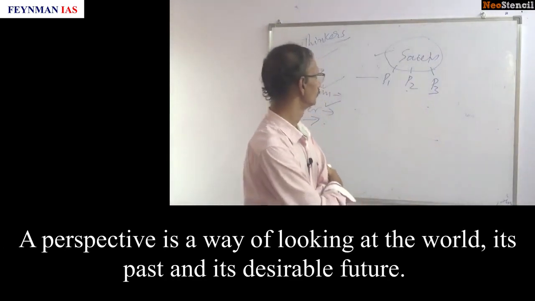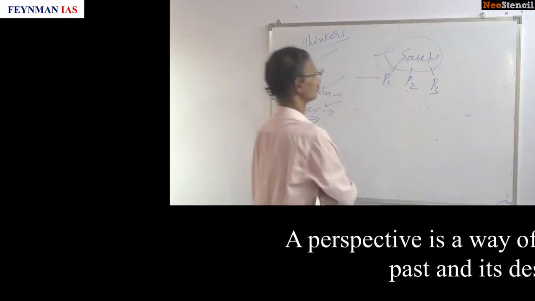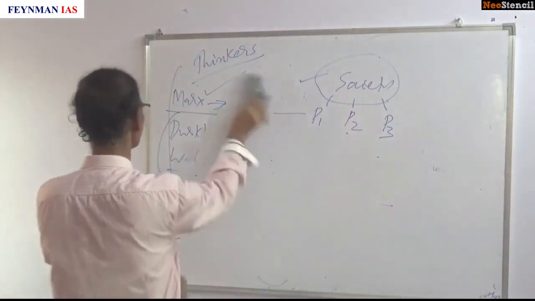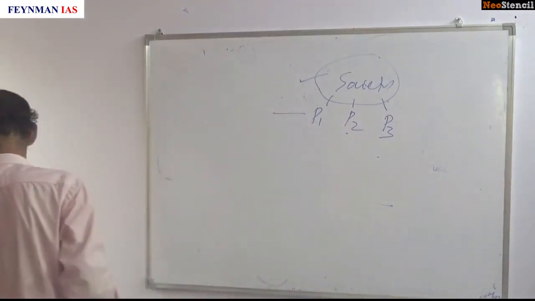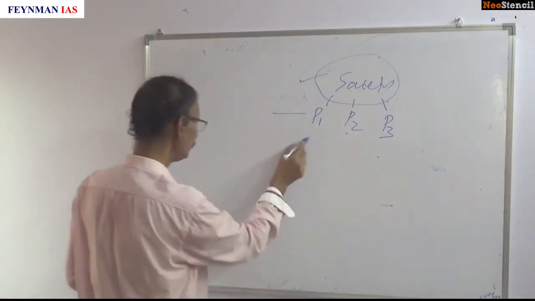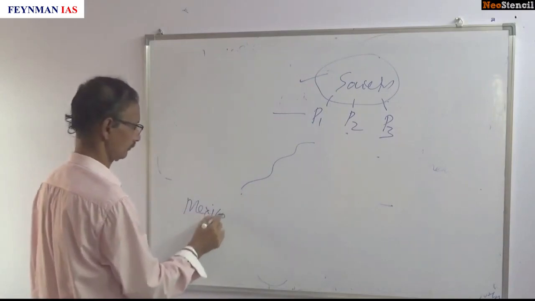Okay. So this is how it developed. Then, as a part of modernization, these P1, P2, P3 went to different countries. Now take an example of Mexico.